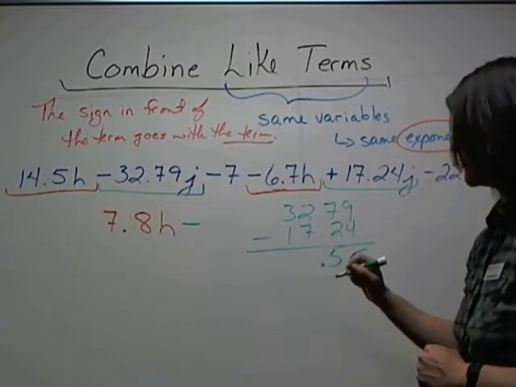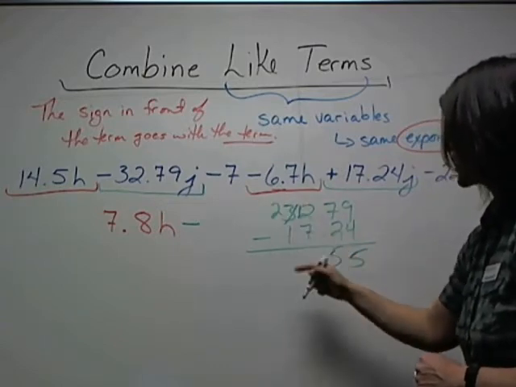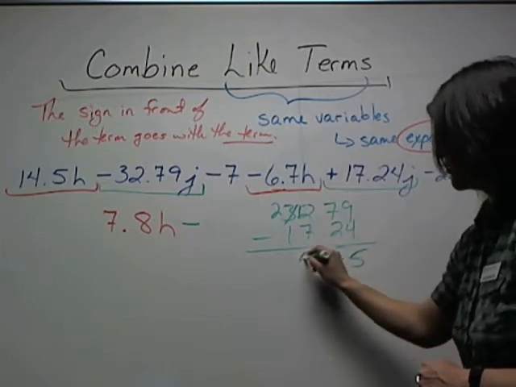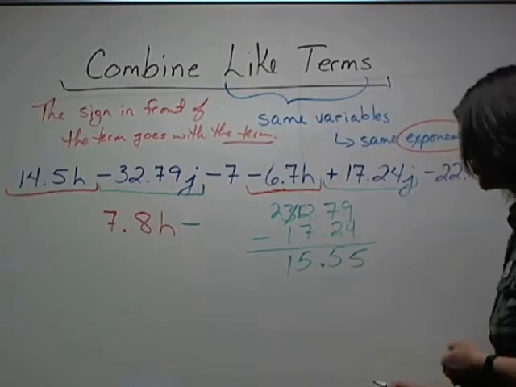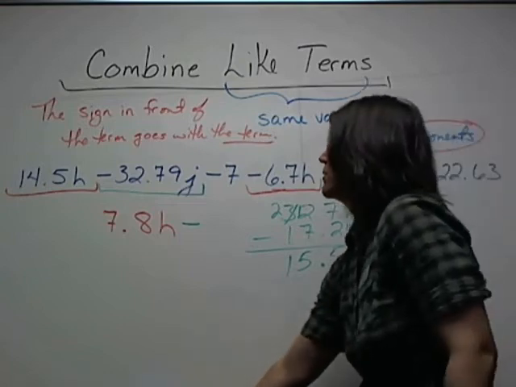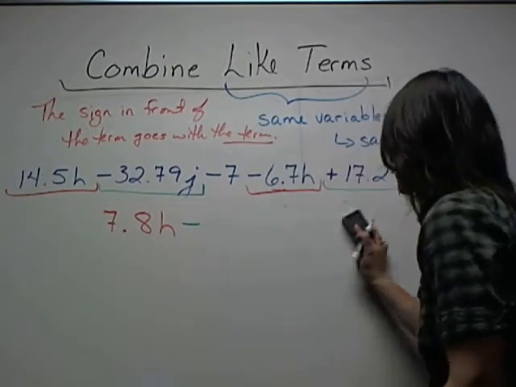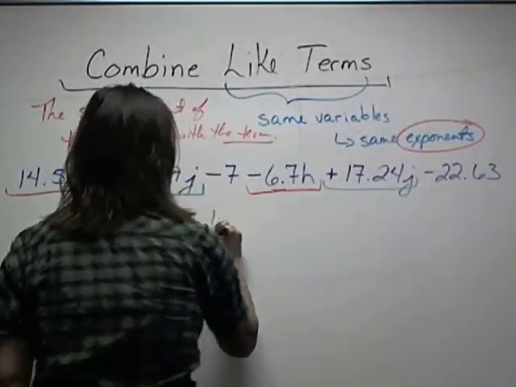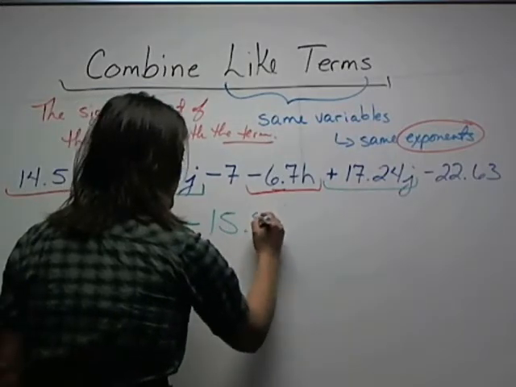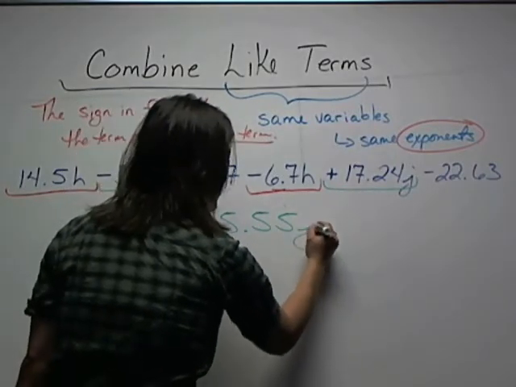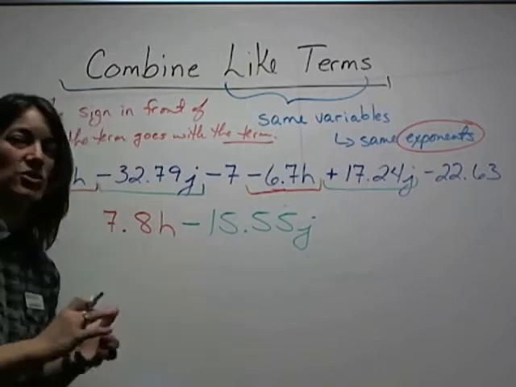I can't take 7 from 2, so I have to go and borrow. 12 minus 7 is another 5. So we have 15.55. J, don't forget your variable. It doesn't go away. We can add these together because they both have a J. It still is going to have a J at the end.